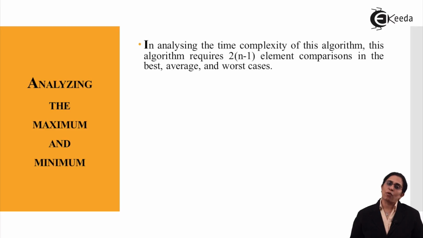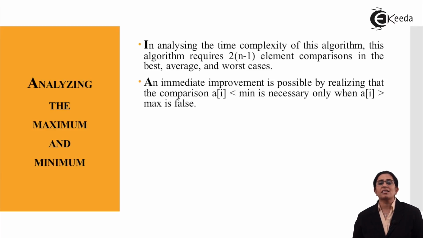As we have to find out the minimum and the maximum, we have to scan till the n of my array list. If n is equal to 9, then 9 minus 1 is equal to 8 and 8 into 2 is 16. So I need at least 16 comparisons to find out the minimum and the maximum from an array.